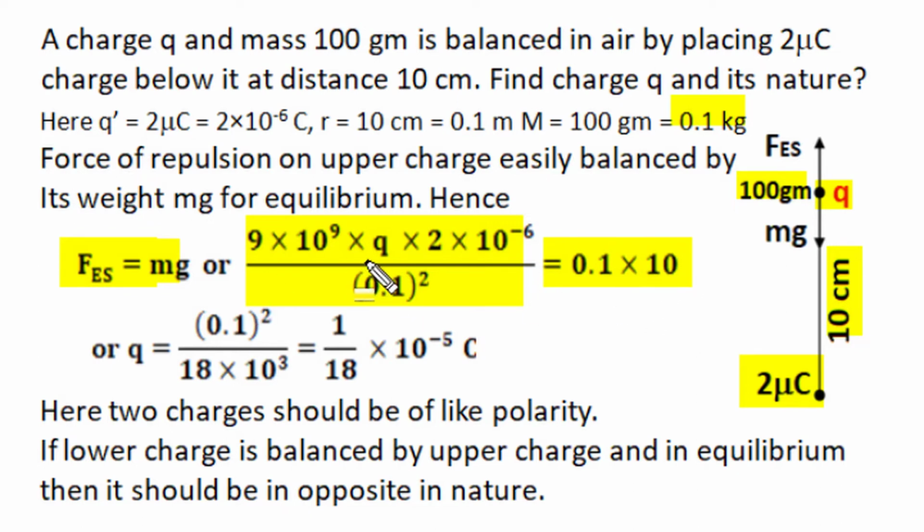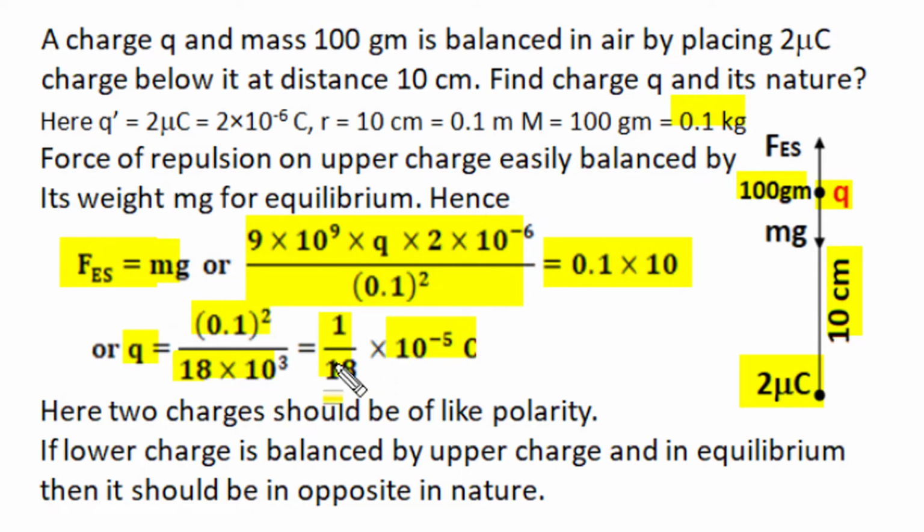The solution will result in this value of unknown charge q: 0.1 changes position to the numerator, and 9 into 10 to the power 9 with minus sign results in plus 3, go to the denominator side, and by solution it will be 1 by 18 into 10 to the power minus 5.